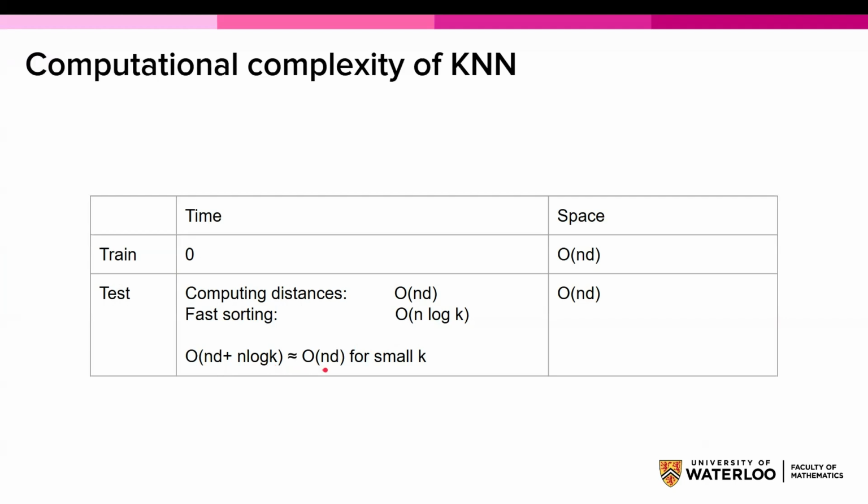However, since k is usually much smaller than n or d, the term n log k is usually negligible in comparison to nd, and so the overall complexity is generally approximated as O(ND). But if you selected a large k, that last term would be significant, and this O(ND) would no longer hold.